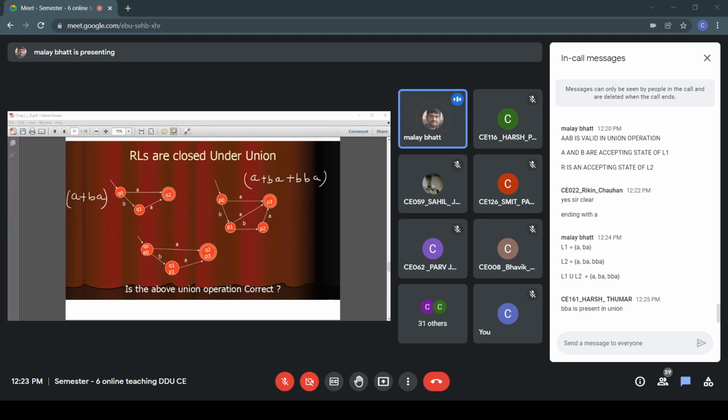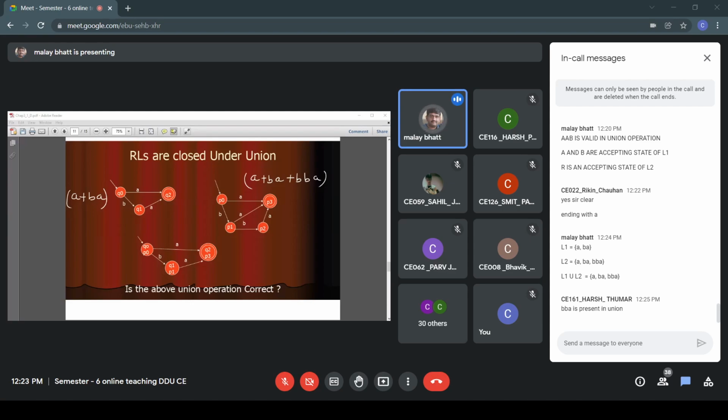Because there are no outgoing arrows from the accepting state, we are not showing arrows to the dead state. And now if we draw the diagram, you can see the diagram of union.